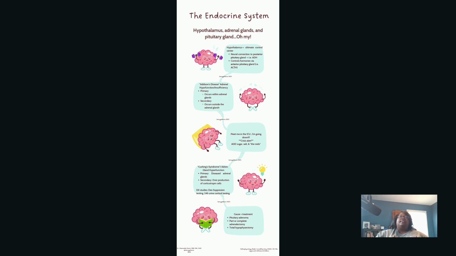Now, the hypothalamus works all these things out based on a negative feedback loop. Basically, you have a target gland that is excreting a hormone into the body system.